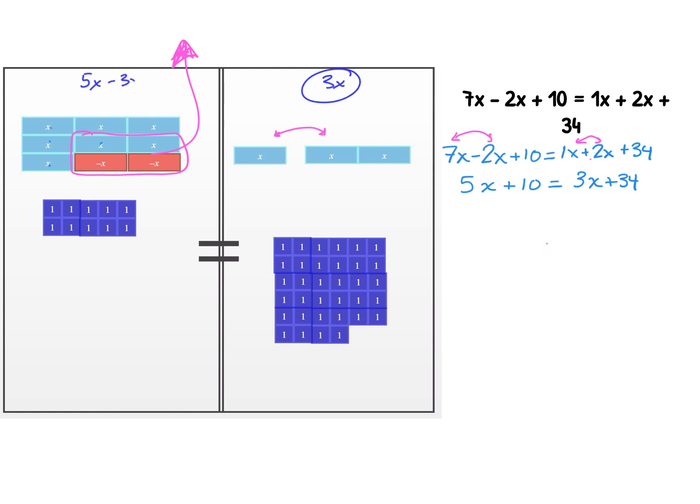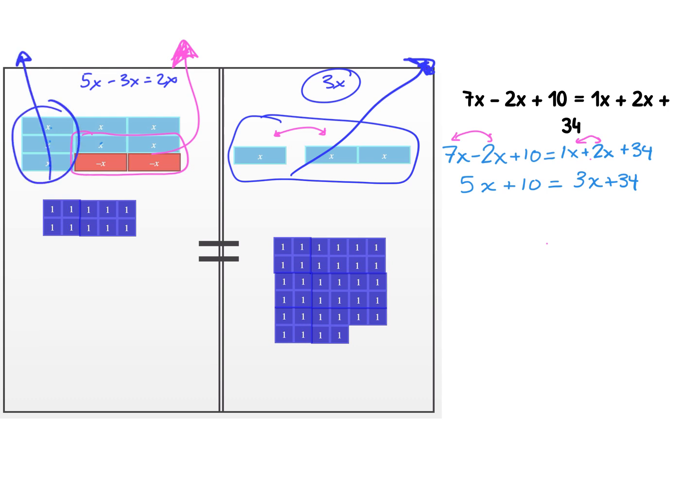So if I moved 3x from here, I would end up with 2x tiles. So I could take all 3 of these and move them off because of the balanced set. And then I'll take these 3 and move them off because of the balanced set. So remember, removal is an idea of subtraction. So if I'm taking the 3x tiles away from each side, because I'm removing them, that ends up as a 0.